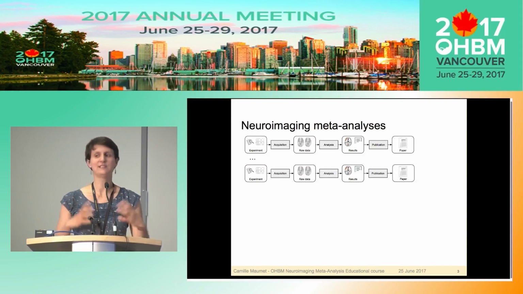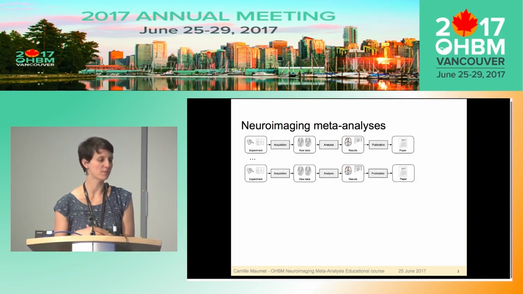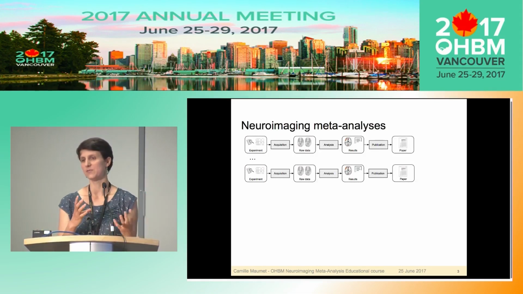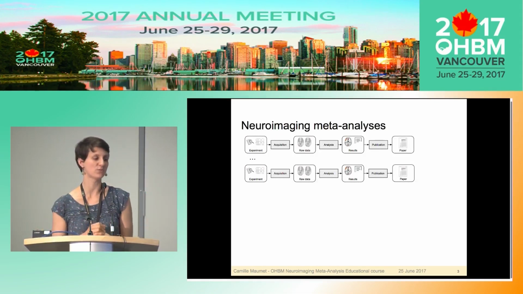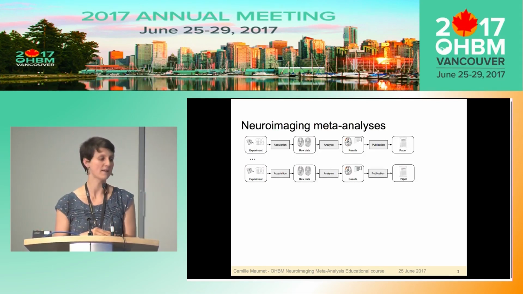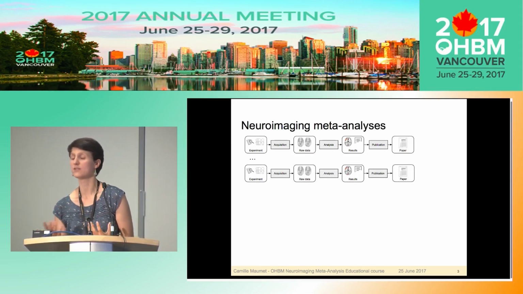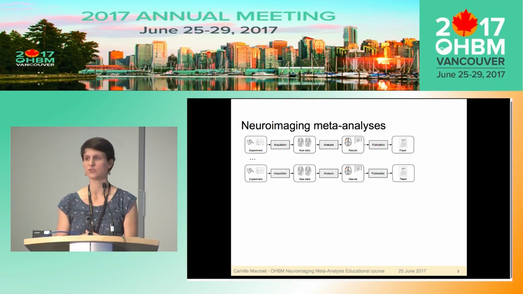So here you have your typical neuroimaging experiment, which is really a rough overview. You're going to draw an experiment, do some acquisition where you get a bunch of raw data. On this raw data, you perform a statistical analysis, you get some results, and hopefully you get to publish these results.